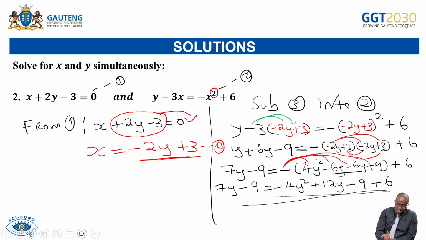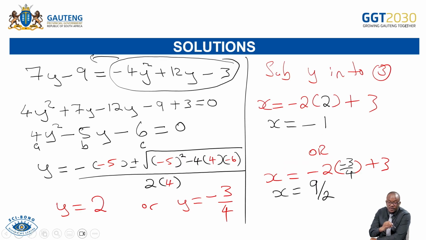But in this case, how is this question going to be marked? The first mark goes to the learner making either x or y the subject of the formula. The second mark goes to the correct substitution of equation number 3.